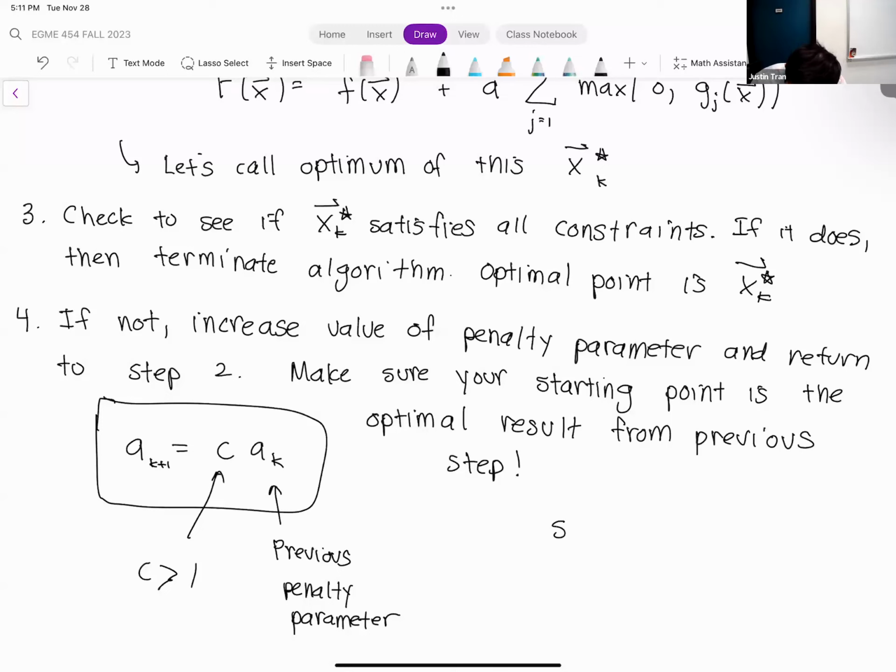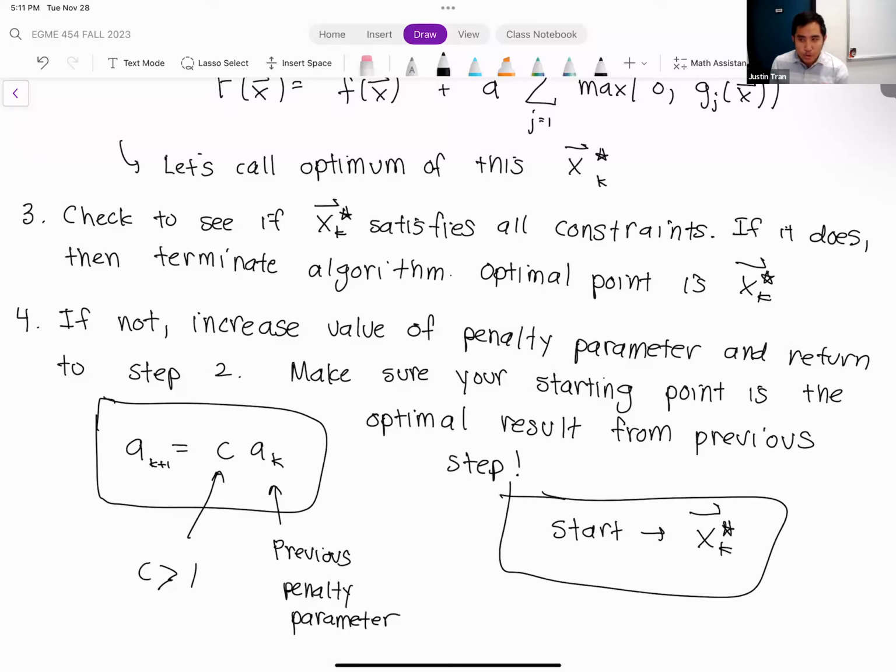We're going to start with xk star. So don't start with your initial starting point, or come up with a new starting point. You want to start with where you left off last time. Except, when you're rerunning it, your penalty parameter is different, and so it's going to find a different optimum, because it's going to enforce those constraints a bit more strongly.